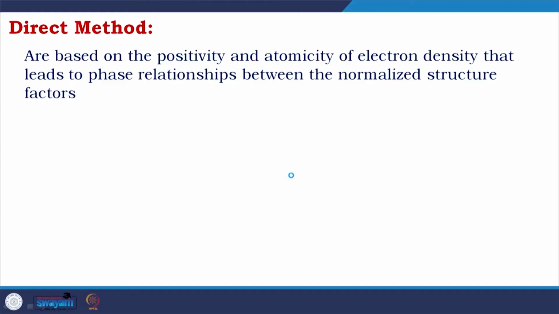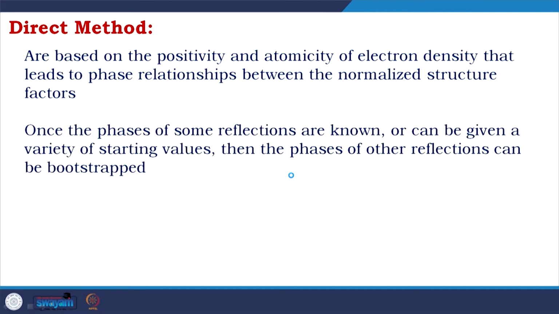Direct methods we talked a lot about. Just to summarize, they are based on positivity and atomicity of electron density, which leads to phase relationships between the normalized structure factors. So, they try to extract data from the intensity, which gives the amplitude of the structure factor, but from that intensity, that diffraction pattern, they want to get more information. Once the phases of some reflections are known, which are those reflections?